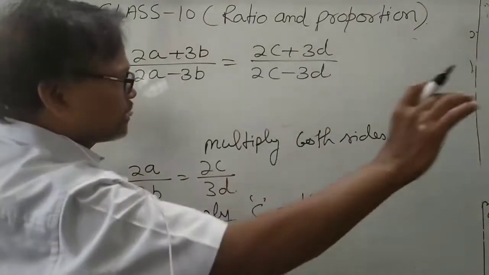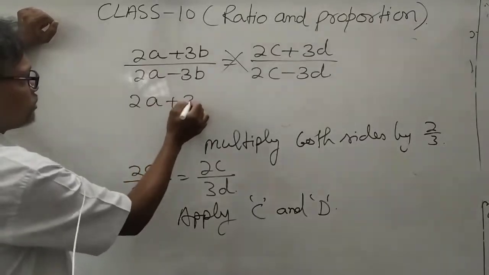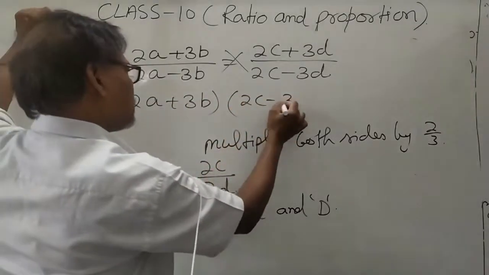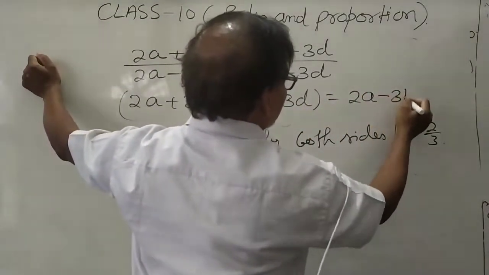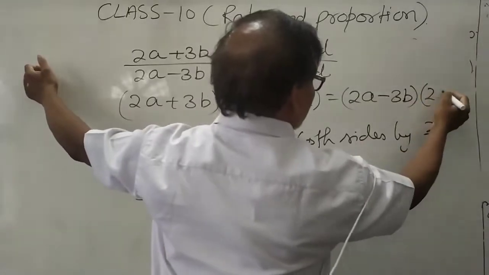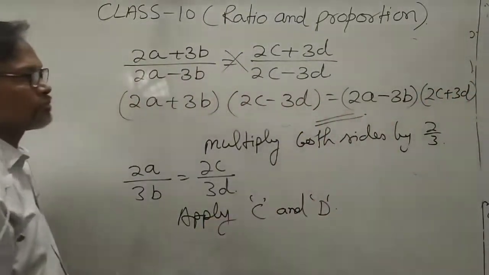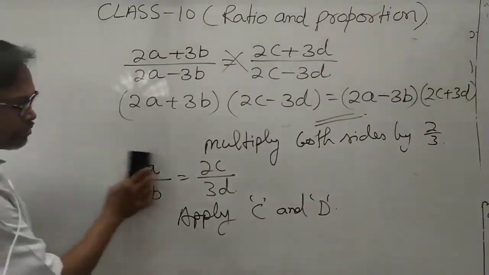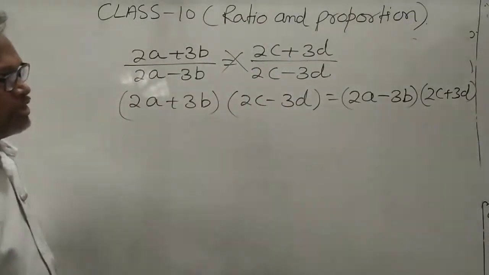But it is given in the linear form, which means you do the cross multiplication. So see what comes. The same thing you will get. It is proved. So by this way you can prove the questions using componendo and dividendo.